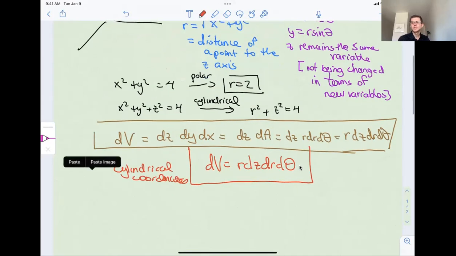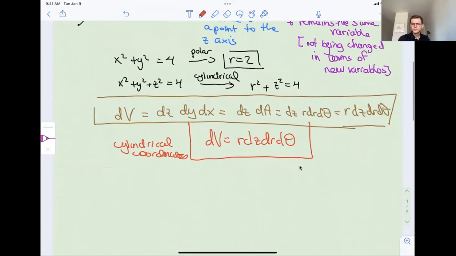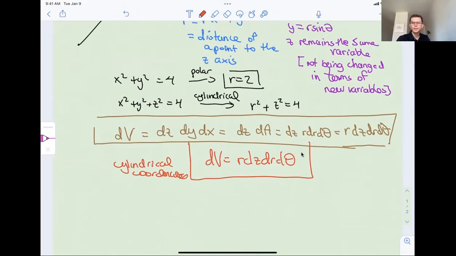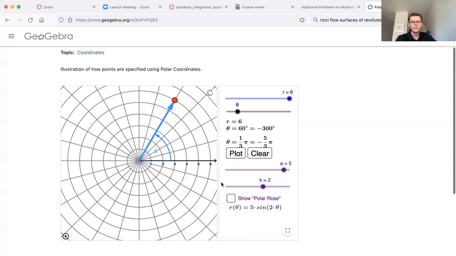Is that okay? Well, let's go to GeoGebra. Sorry, just to show you this quickly.